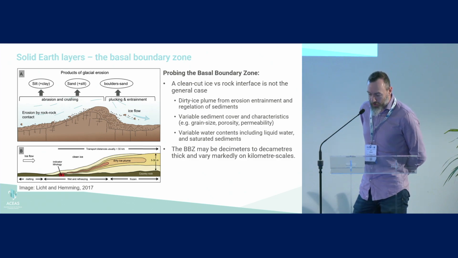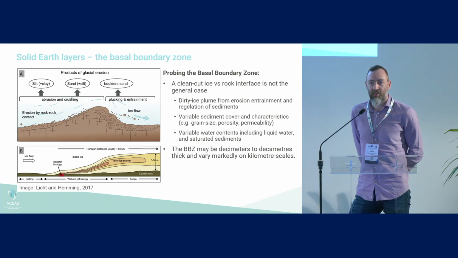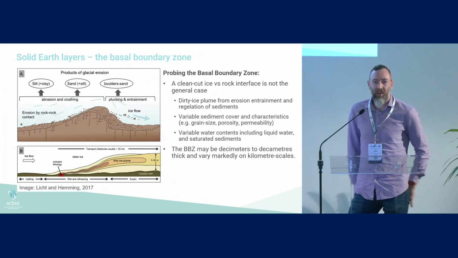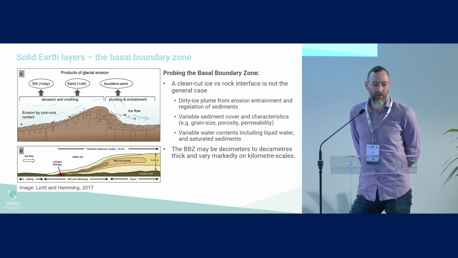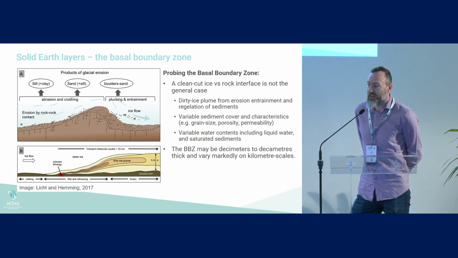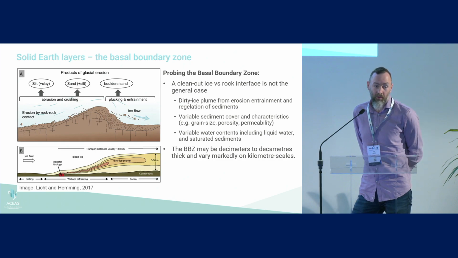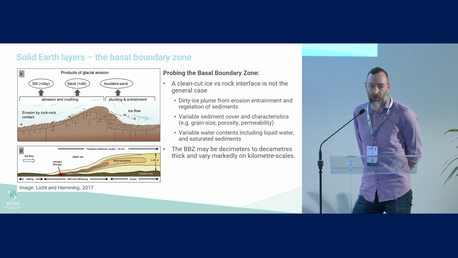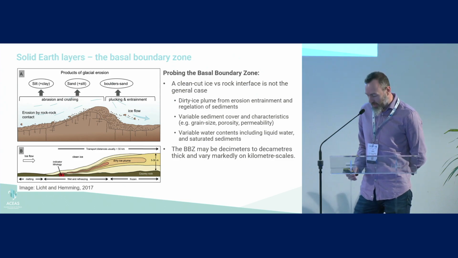And I think the big challenge that we really face here is this layer is really not very thick. It's tens of meters, maybe maximum, in terms of the area that's actively interacting right now. And it varies markedly on quite small spatial scales. And it's not on the slide here, but it's also varying quite a lot on temporal scales as well. So it really is a challenge for the geophysical community as to how we define this layer with the right level of realism.